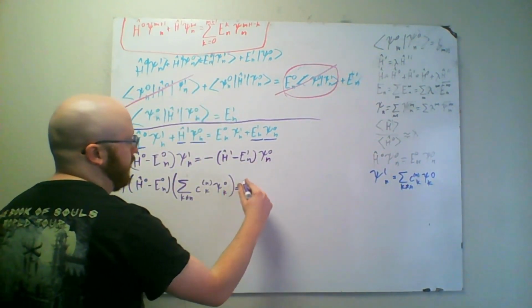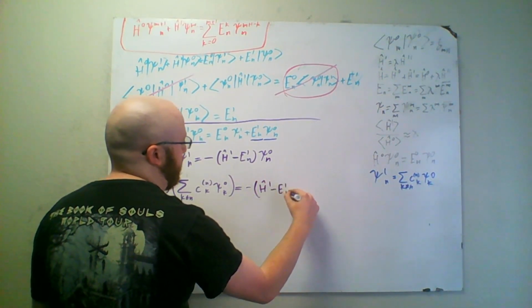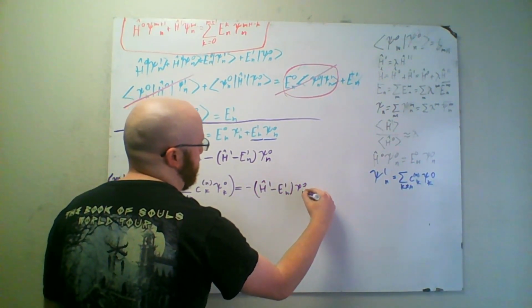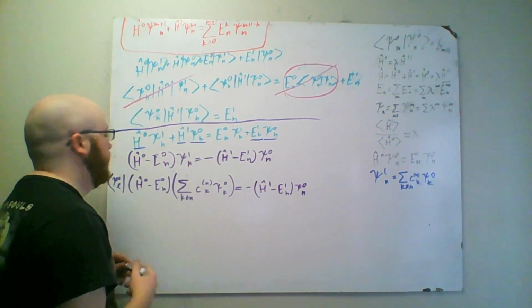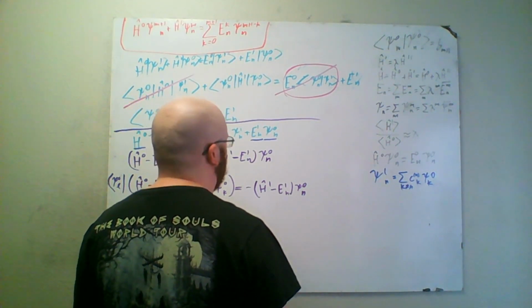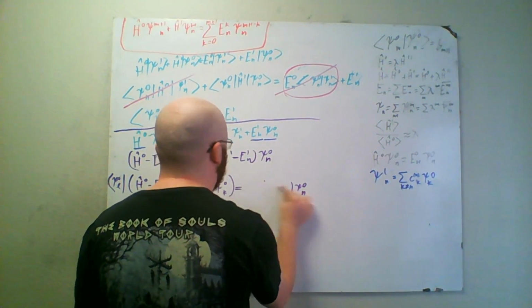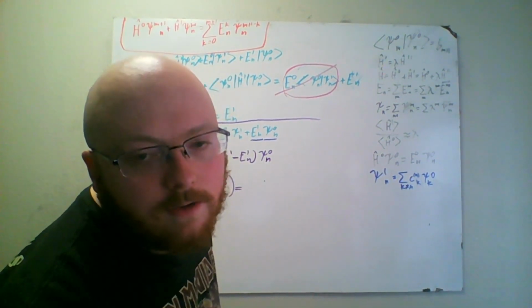So going back here, we have negative H prime, E minus E1 n, psi 0. Right. Oh, and then we take the inner product of this. Did he change it up on me? No. Okay.